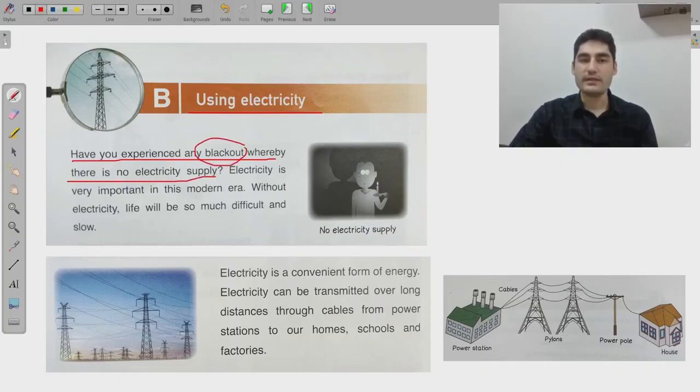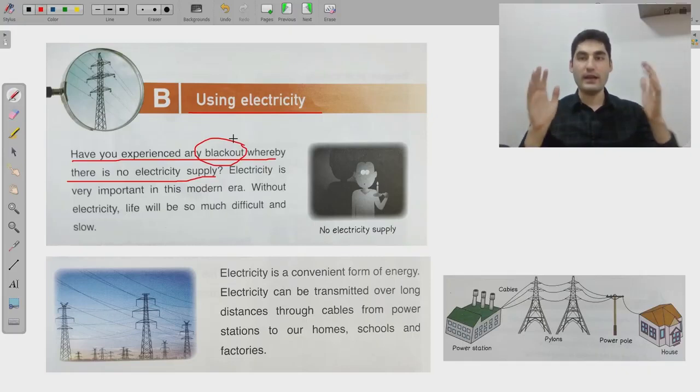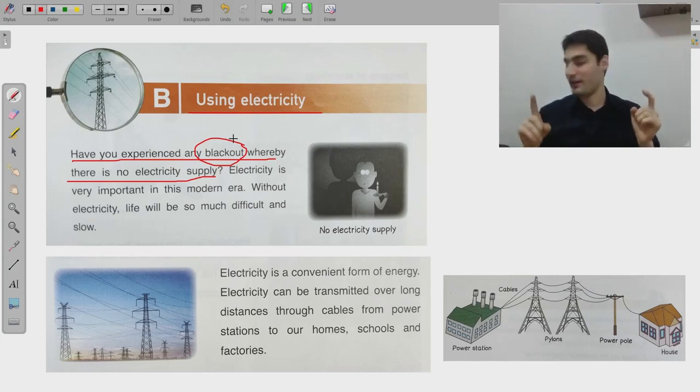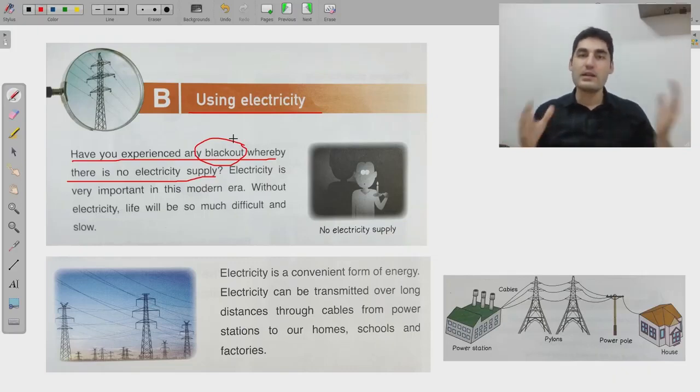Blackout means there is no electricity. Right now in my room, I have electricity. I have lights over here. I have electricity in the TV, in the fridge. If there is no electricity, I cannot have any lights. So have you ever experienced any blackout?